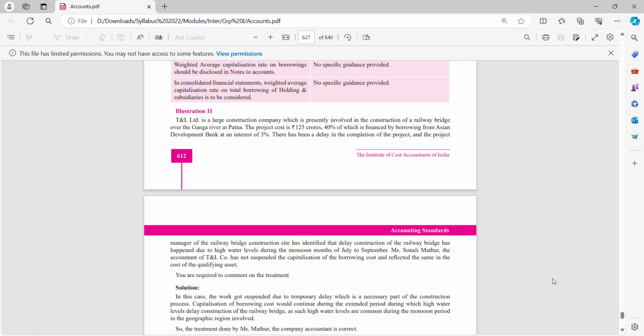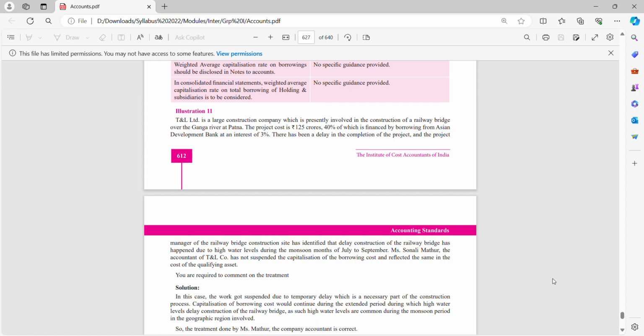There has been a delay in completion of the project, and the project manager of the railway bridge construction site has identified that the delay in construction has happened due to high water levels during the monsoon months of July to September. Ms. Sonali Mathur, the accountant of TNL company, has not suspended capitalization of borrowing cost and reflected the same in the cost of qualifying asset.